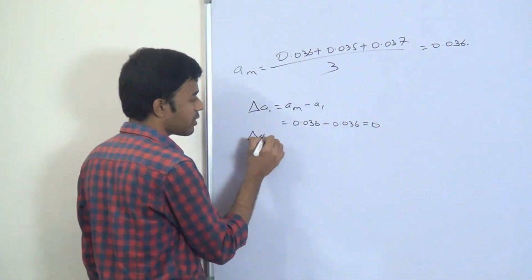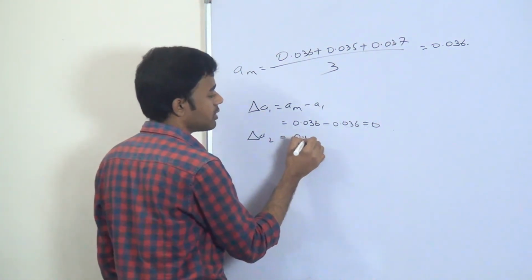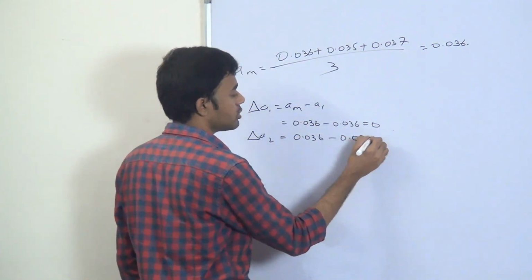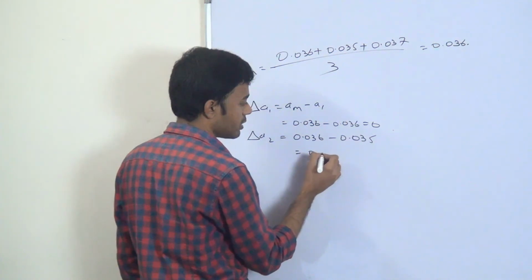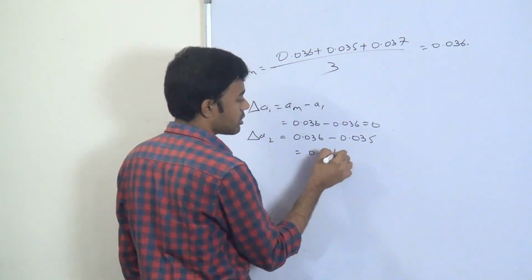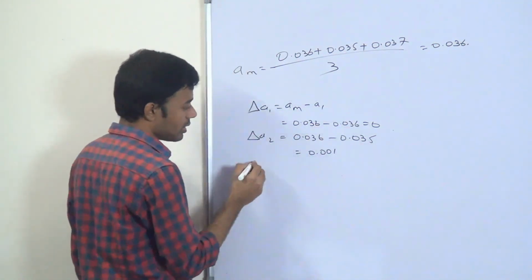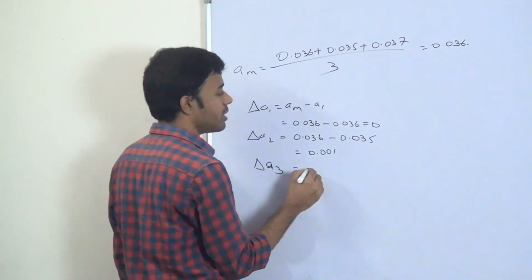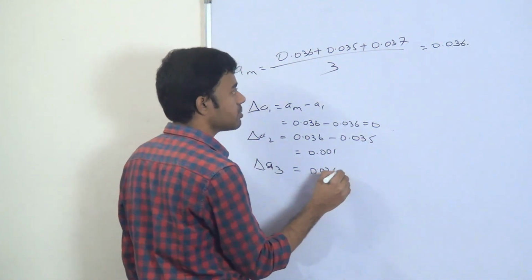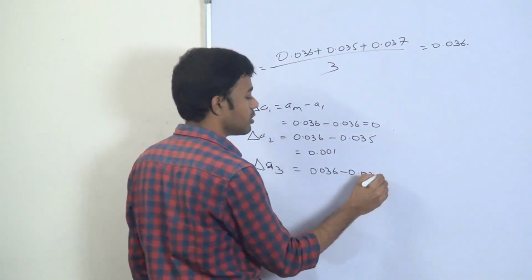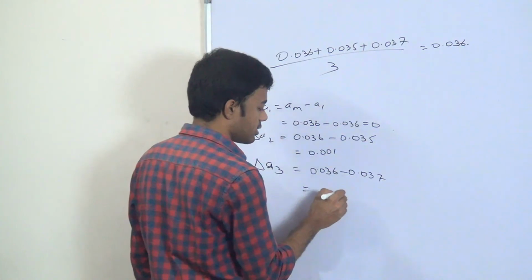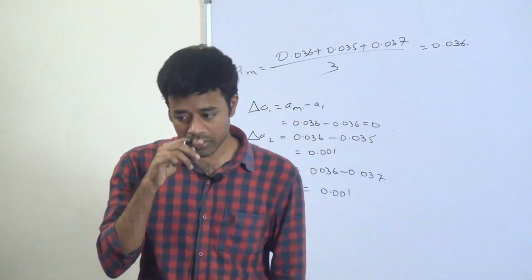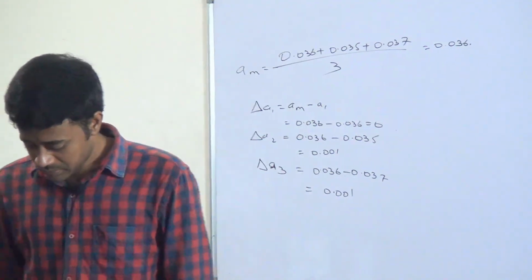Next, the absolute error for A2 is the mean 0.036 minus 0.035, which gives 0.001. Next, the absolute error for A3 is the mean 0.036 minus the given value 0.037, which gives 0.001. These are the absolute errors we have found.